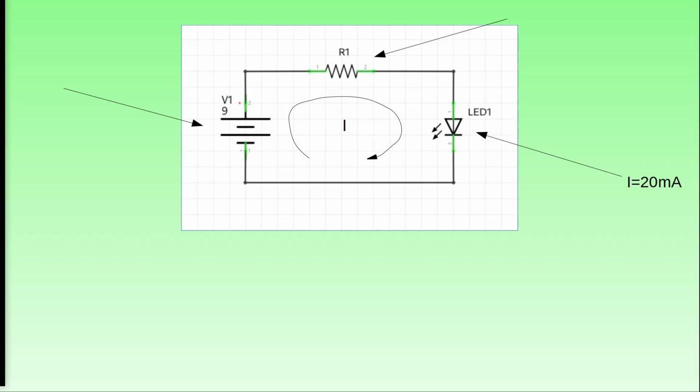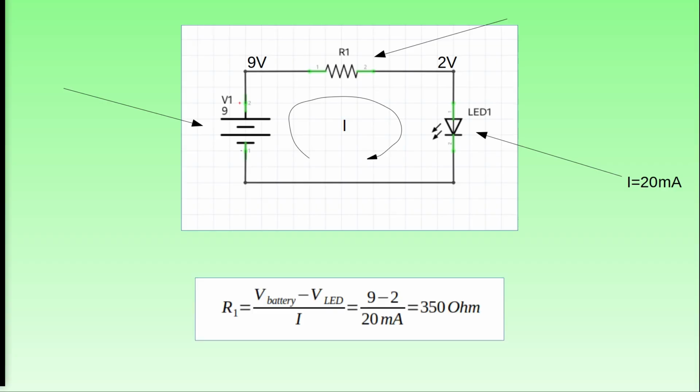The voltage on the left is the battery voltage. The voltage on the right is the voltage required by the LED, which we said is 2 volt. Using Ohm's law, we can therefore write this formula. R1 equals V battery minus V LED over I, or 9 minus 2 volts over 20 milliamps, equals 350 ohms.